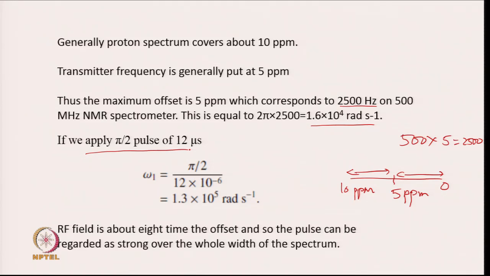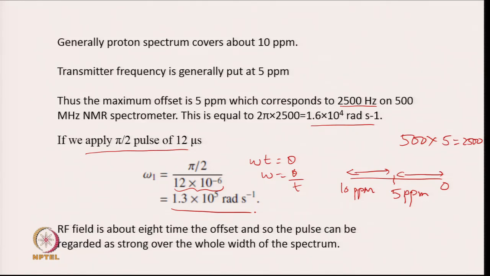In that case omega will be π/2 divided by the time of the pulse, since omega t is equal to theta, so omega is equal to theta by t. Theta is π/2 and t is 12 × 10^-6, which gives around 1.3 × 10^5 radian per second.